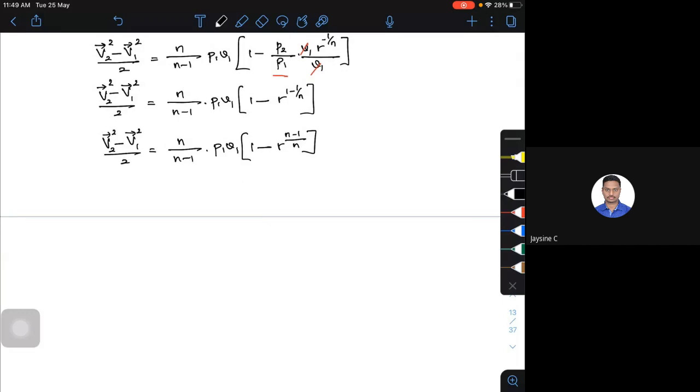Now what will be your V2 square? I can take this to the right hand side.